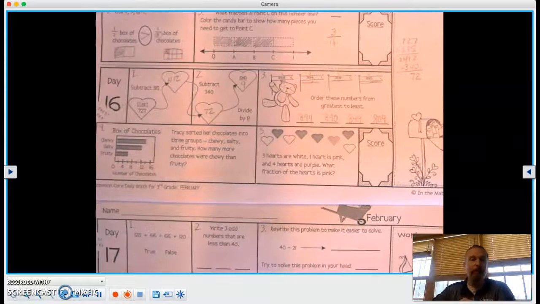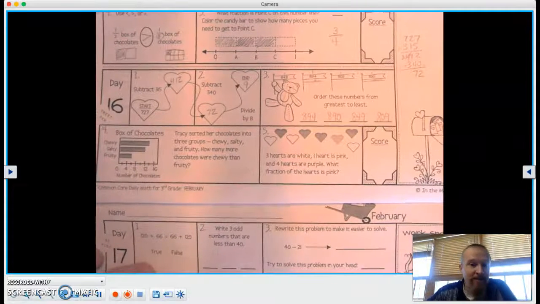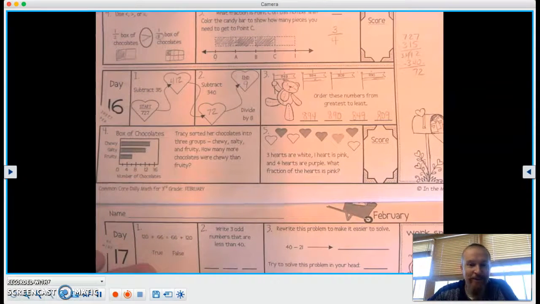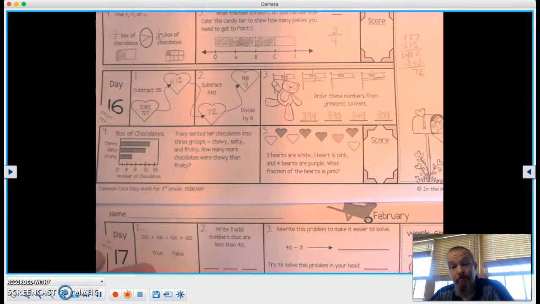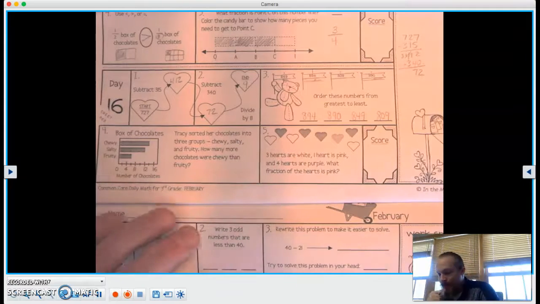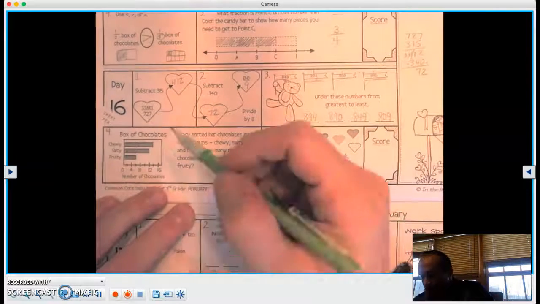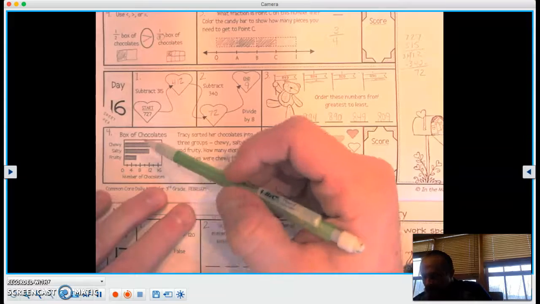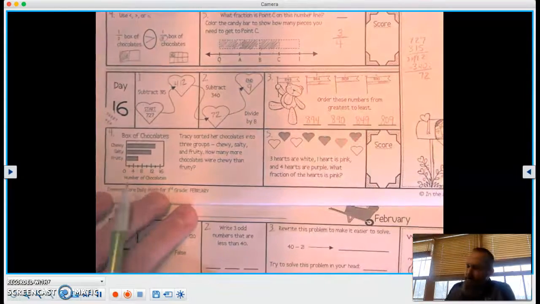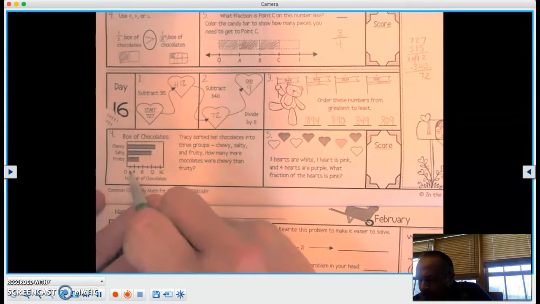All right, number 4. We got a box of chocolates. Tracy sorted her chocolates into 3 groups: chewy, salty, and fruity. How many more chocolates were chewy than fruity? All right, so I see here that, oh, we're missing some numbers on the bottom.